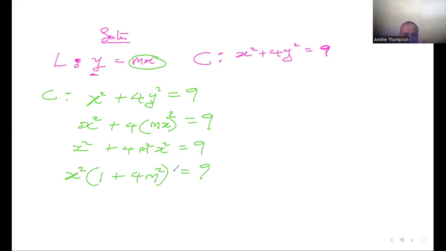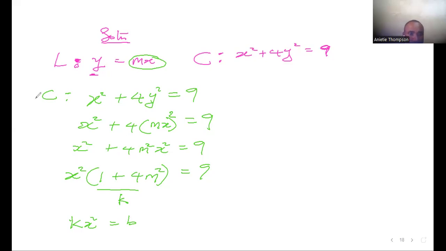Now, if all of this is something like k, then what we have here is kx squared equals b. So that means there is no middle term. They are asymmetric in nature, but I don't want to talk about that yet.